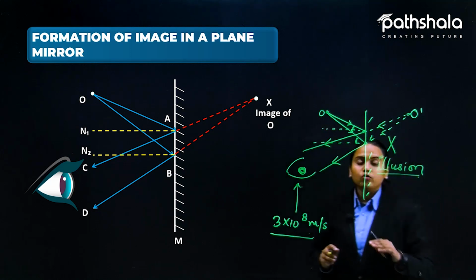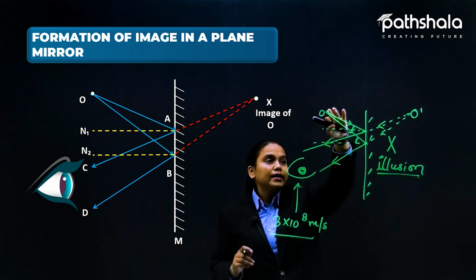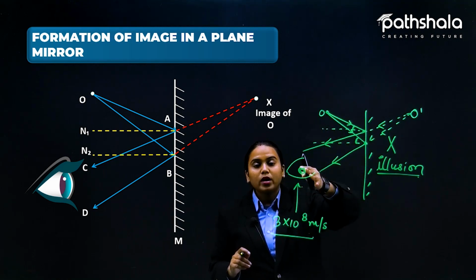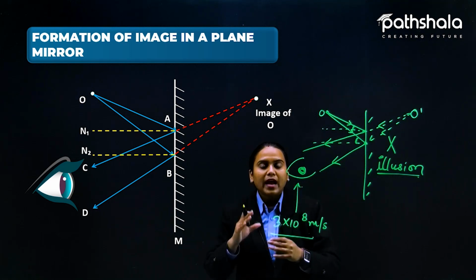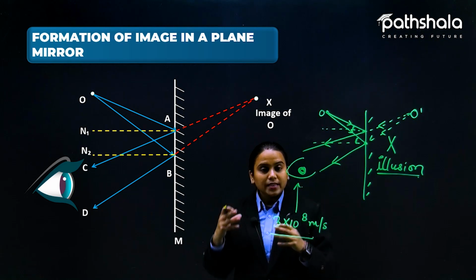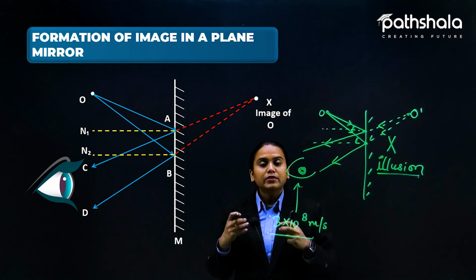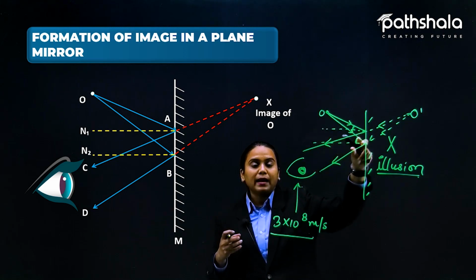We are not actually getting light from the back side; it bends and comes towards our eyes. But our eyes are not quick enough to perceive the speed of light and know that it is bending.